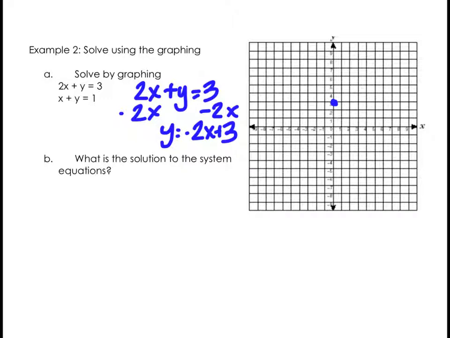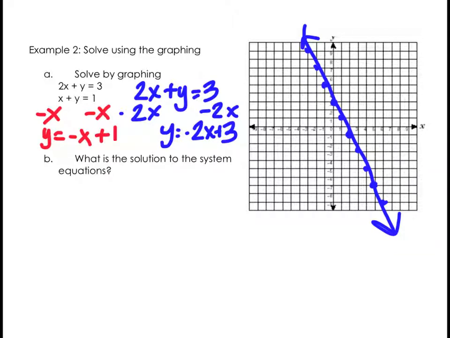So then I'll go down 2, forward 1. Now I need to solve my second equation, which means I have to subtract x so that I get y equals -x plus 1. This starts at 1 and goes down 1 over 1.